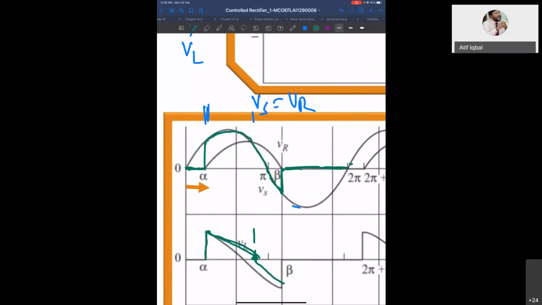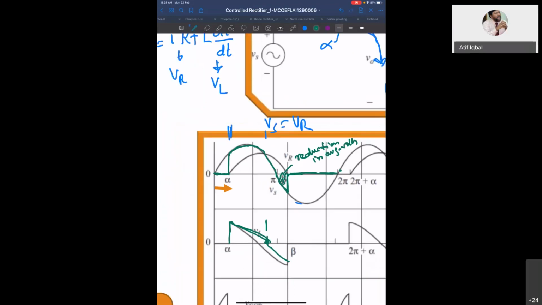So there will be some negative portion in the output voltage. This negative portion will cause an overall reduction in the average voltage. Okay, so this is RL.